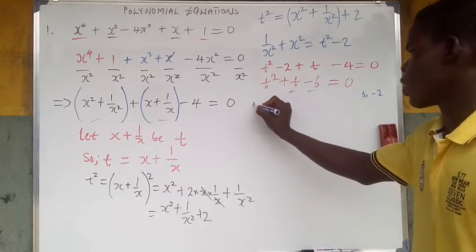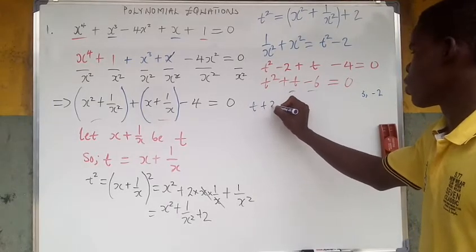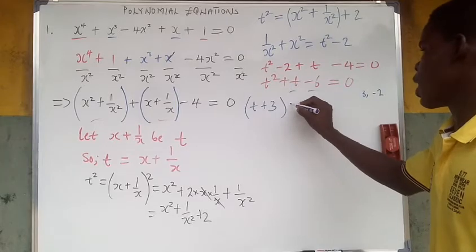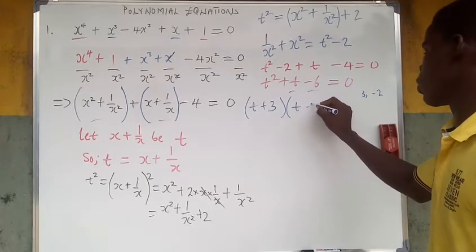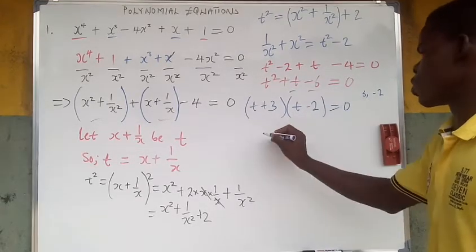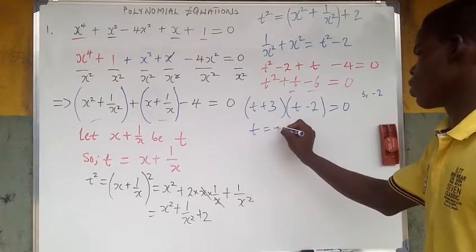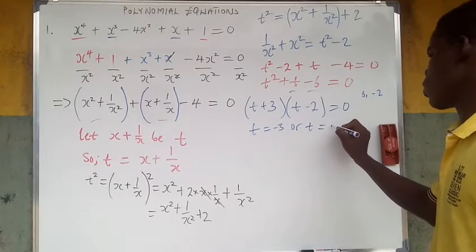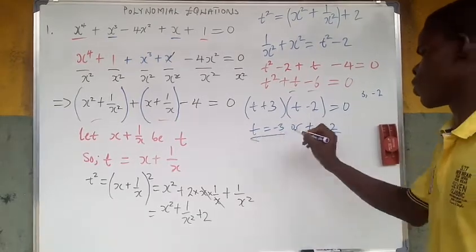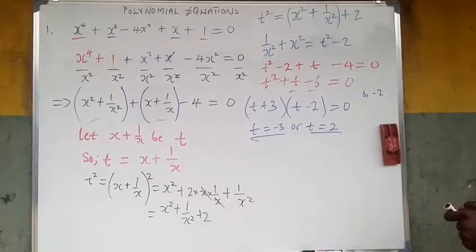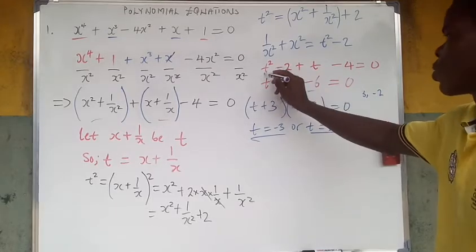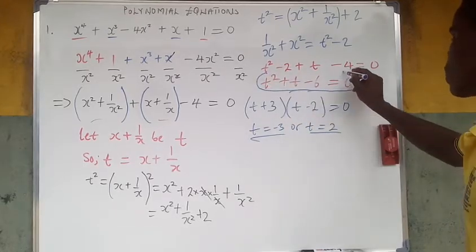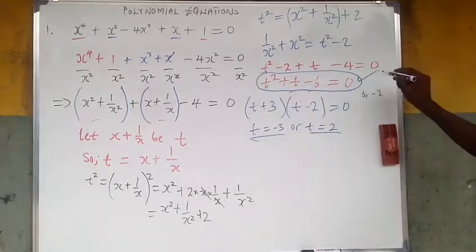So we have t plus 3 times t minus 2 equal to 0. So t is equal to negative 3 or t equals 2. These are the two values of t for which this quadratic equation is satisfied.